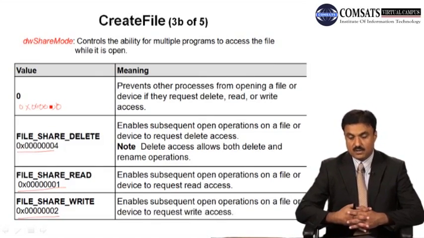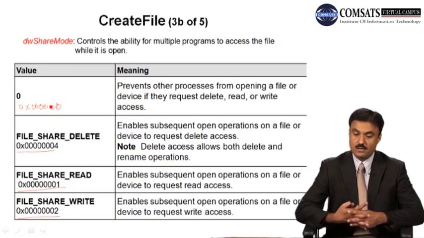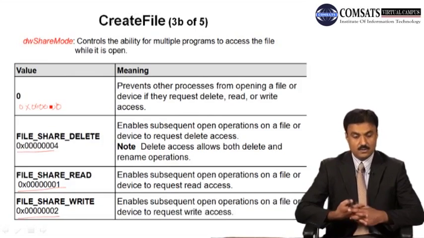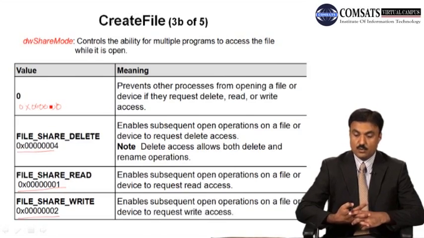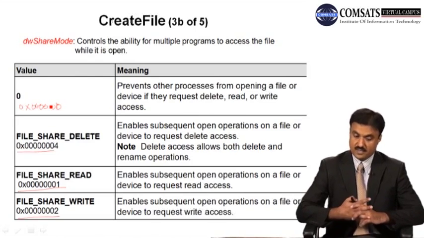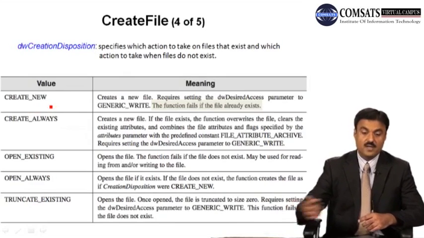Even, for example, if you want to perform delete or rename of the file, you have to use FILE_SHARE_DELETE and so on. If you want to enable the subsequent open operation on a file or device to request read access only, then FILE_SHARE_READ will be used, similarly for the write and so on.